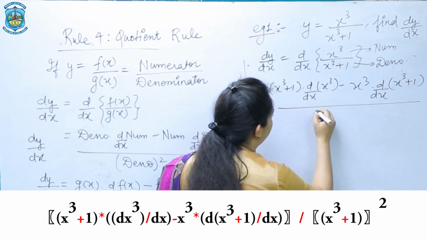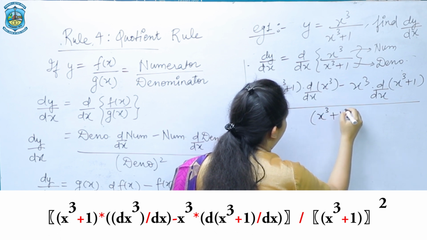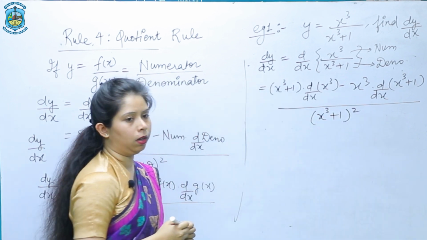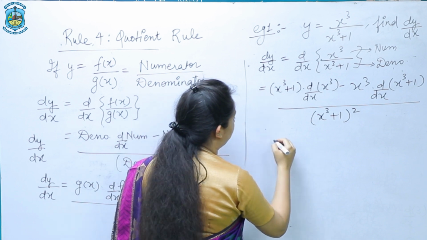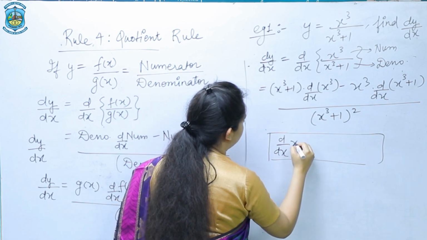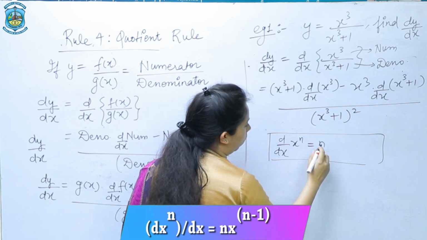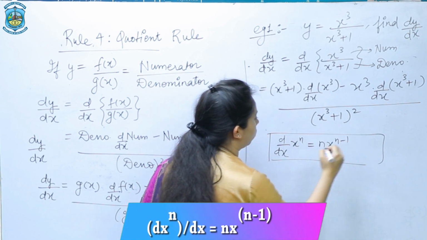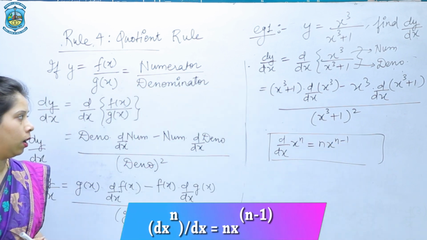The square of the denominator will give you x cube plus 1 whole square. So we will apply the basic formula for differentiation. The basic formula is d by dx of x raised to the power n, and that is equal to n into x raised to the power n minus 1.